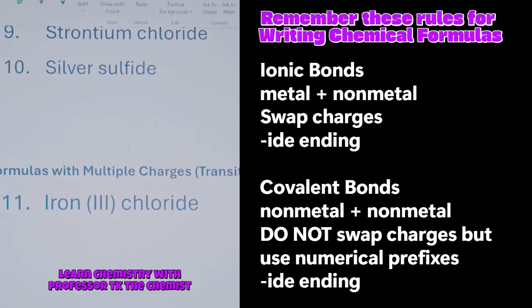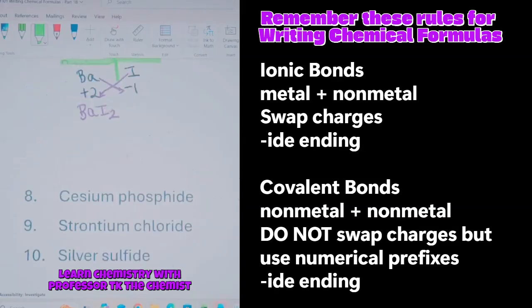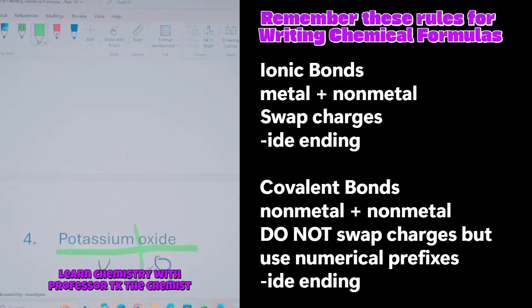Now, for those of you that are just stepping in, we just talked about ionic compounds where you're swapping the charges. But suppose you get those charges that are what we call transition metals, where you see a Roman numeral. Now, guys, the first couple that we did, y'all see Roman numerals? No, we were not dealing with Roman numerals.